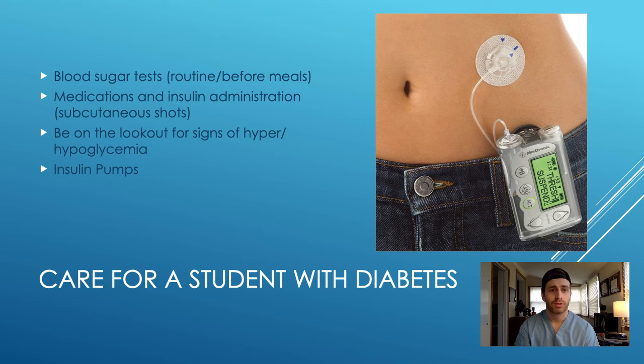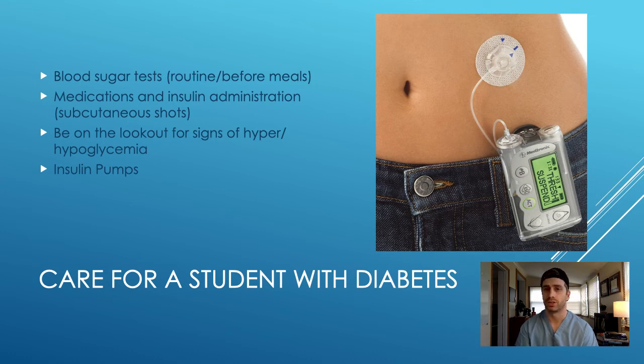So care for students with diabetes. Blood sugar tests are pretty routine. You're going to have them checked before they eat, after meals, sometimes just on a schedule as well. They're going to be receiving medications, sometimes oral medications, as well as insulin administration.